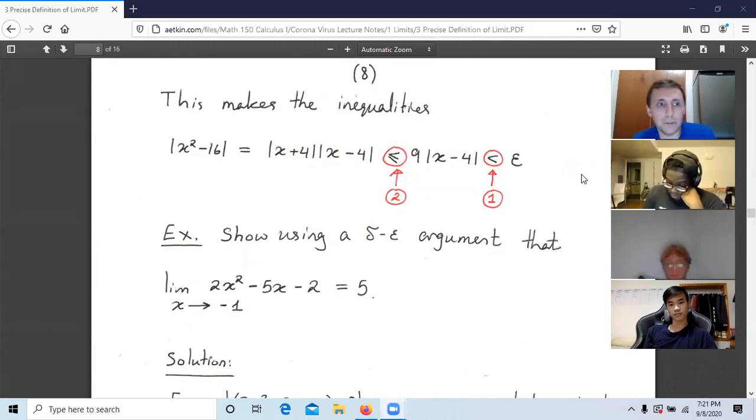In a moment, we will do it together, guys, but did you follow what we said so far? 2x minus 7 times x plus 1 is this expression. Good?